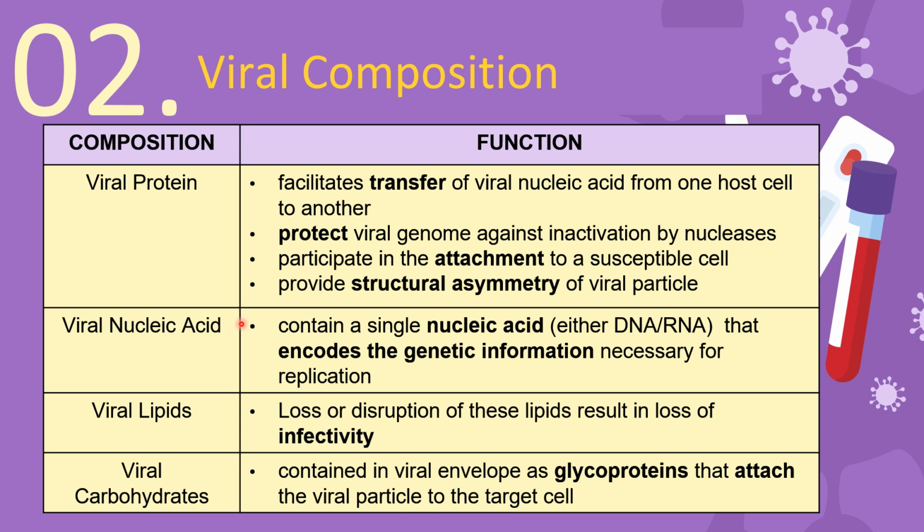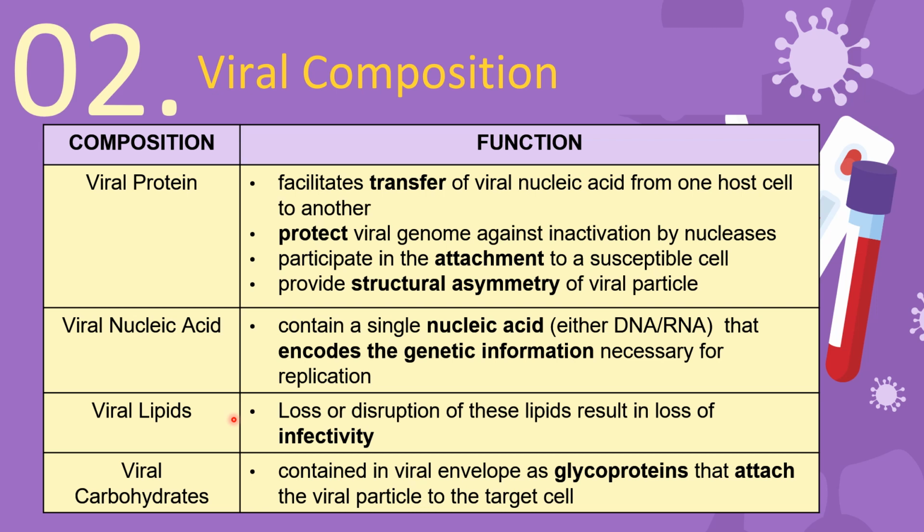For the viral nucleic acid, as mentioned earlier, it could either be DNA or RNA, which encodes the genetic information necessary for replication. And for the lipids, they are responsible for the viral infectivity, that is why when these are dissolved, infectivity also disappears.